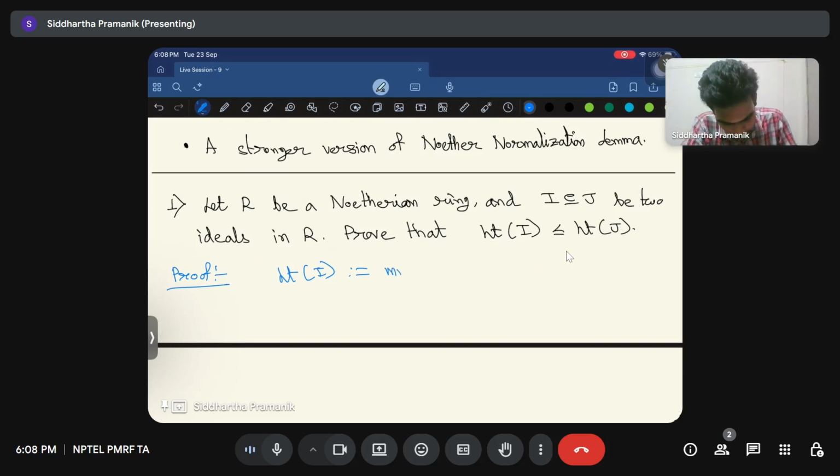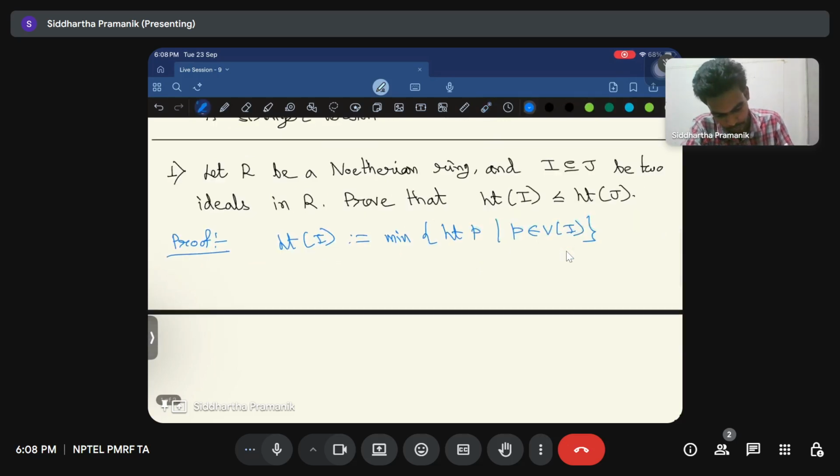It is basically the minimum of height of those prime ideals P such that P belongs to V(I). And V(I) is basically the set of all those prime ideals of R which contain I. And let's write down the height of J also. It is the minimum of height of P such that P belongs to V(J).